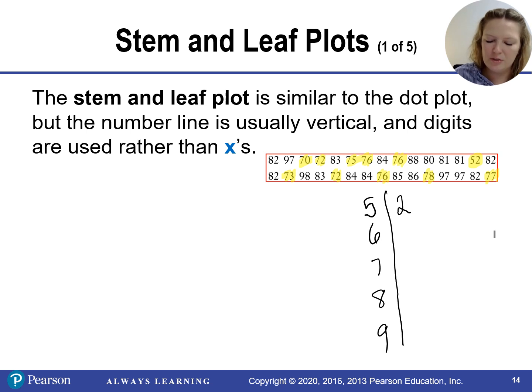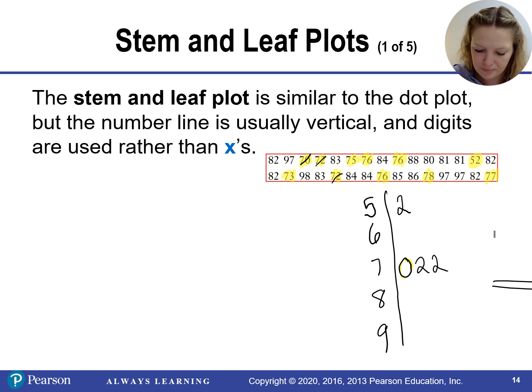So for all these values, I want to add my leaves. So I want to also add them in order from least to greatest. So I had 70, and then I don't have any 71s, but I have two 72s. I have 73.